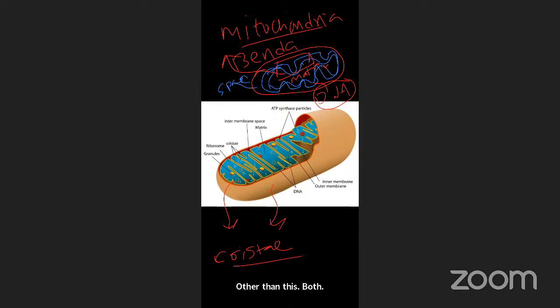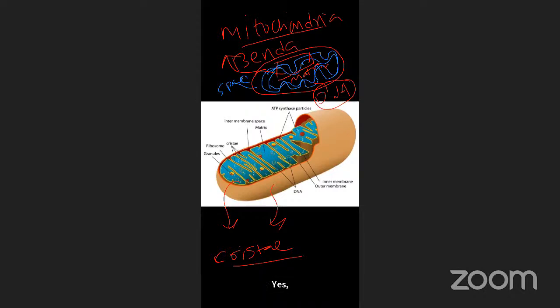Any other cell organelle that contains DNA? Chloroplast also contains DNA. Remember these two double-membraned cell organelles, mitochondria and chloroplast, contain DNA. In general, DNA is present in the chromosomes of the nucleus. Is it clear?